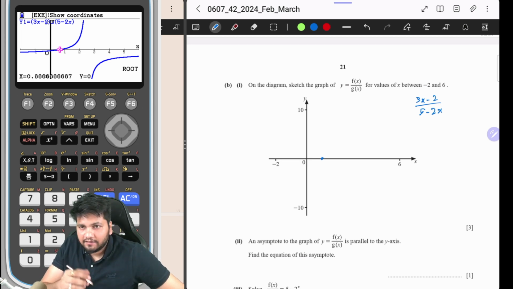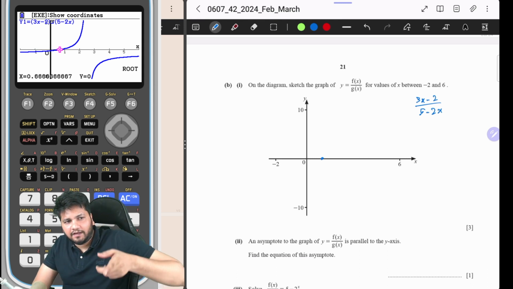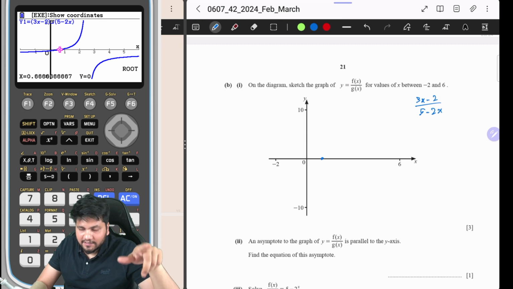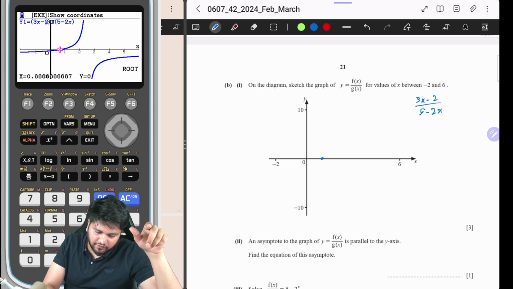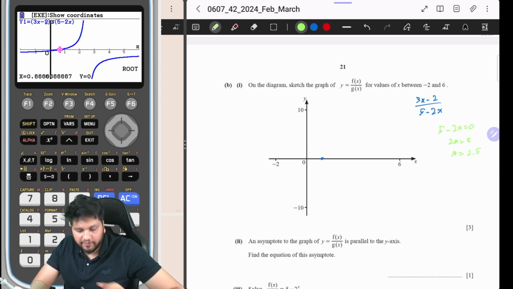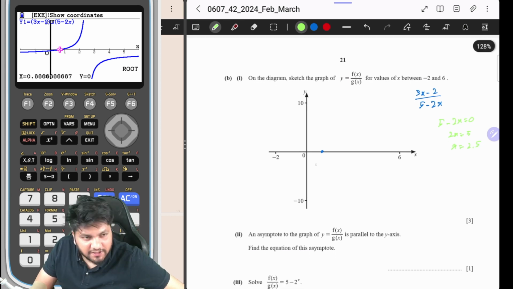And the asymptote, wherever the denominator is 0, that is your asymptote. So here I can see 5 minus 2x, I want it to be 0. If 5 minus 2x is 0, there we get the asymptote. So we get 2x is equal to 5 or x is equal to 5 by 2 or 2.5. So the asymptote is at 2.5. Make sure that you mention some of the coordinates.